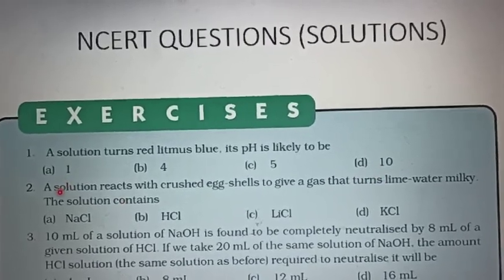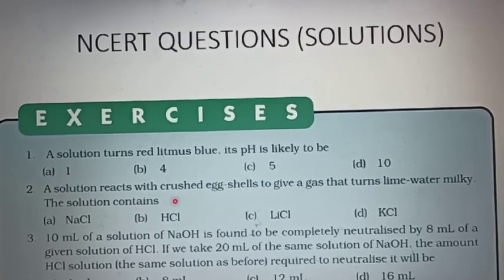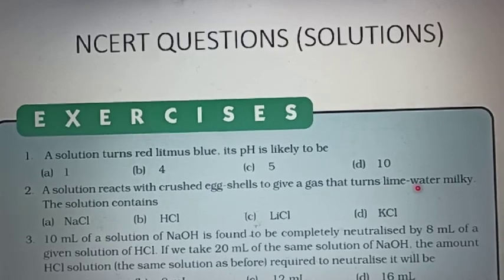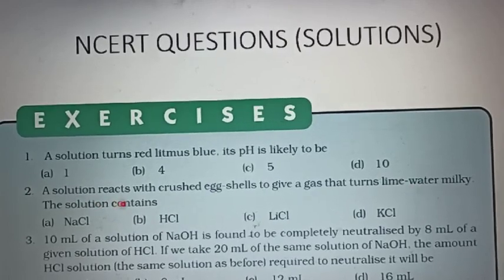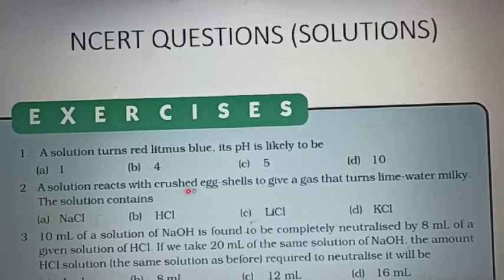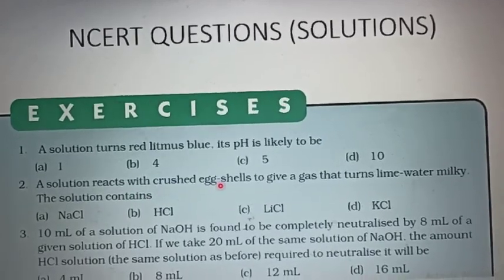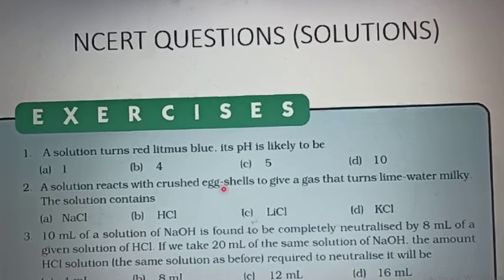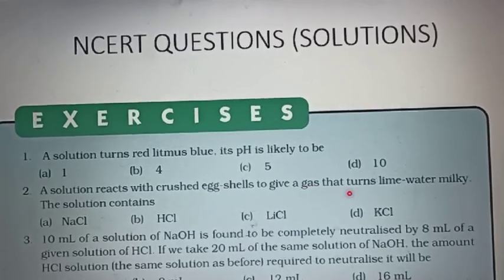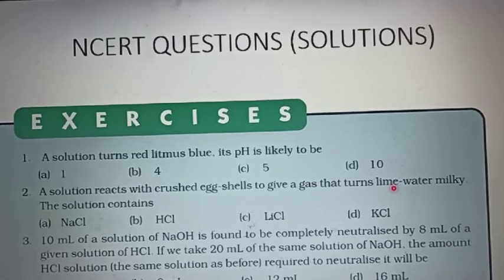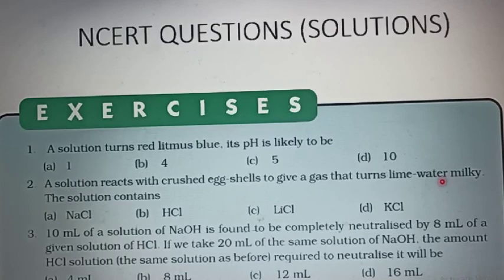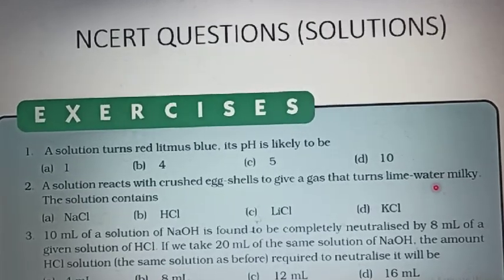Second question is, a solution reacts with crushed egg shells to give a gas that turns lime water milky. The solution contains... If you don't know what crushed egg shells are or what compound they are made up of, then also you can understand by this, a gas turns lime water milky. Whenever it is given a gas turns lime water milky, you should understand this is about carbon dioxide gas, right?